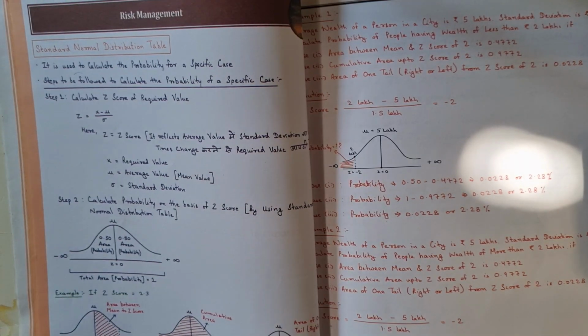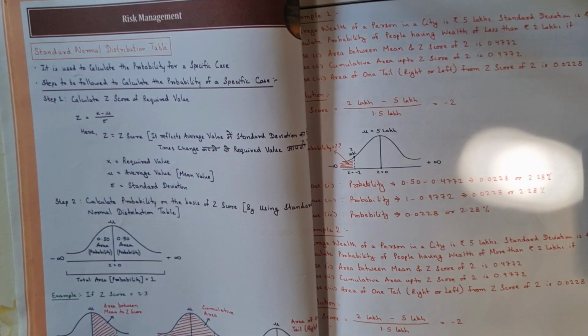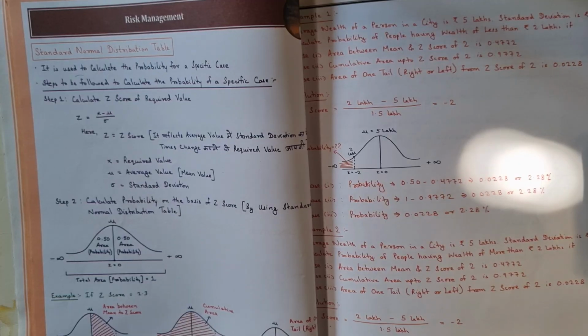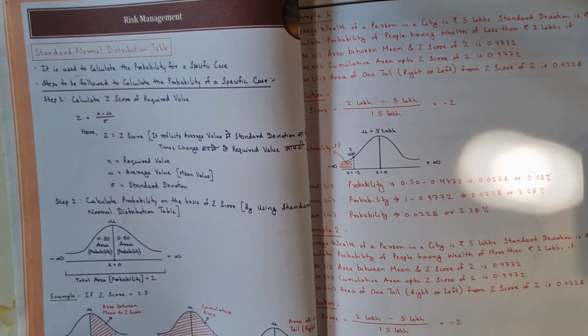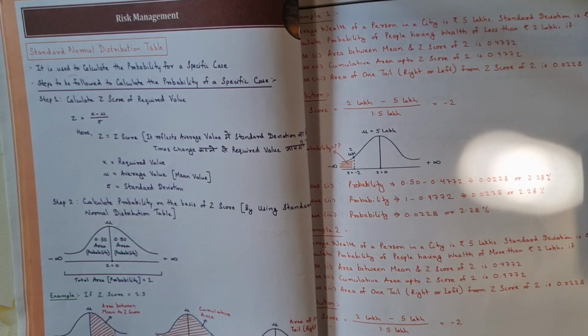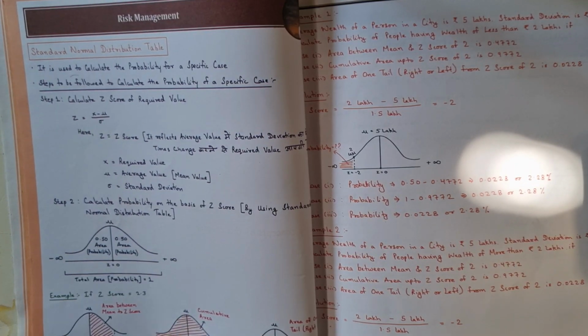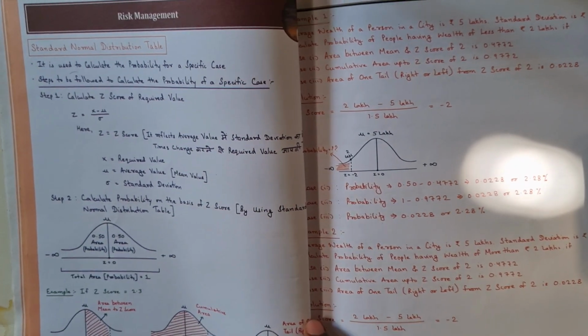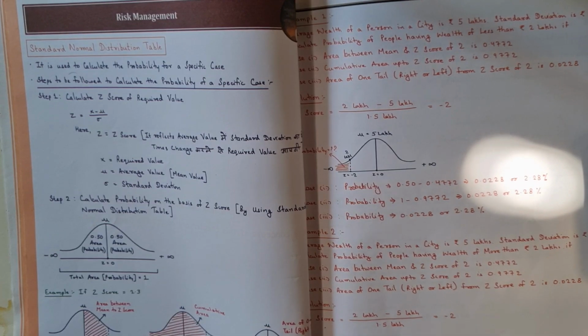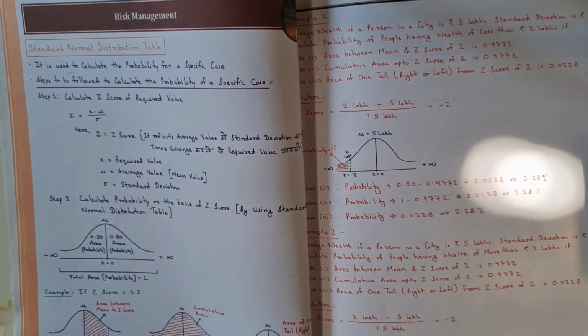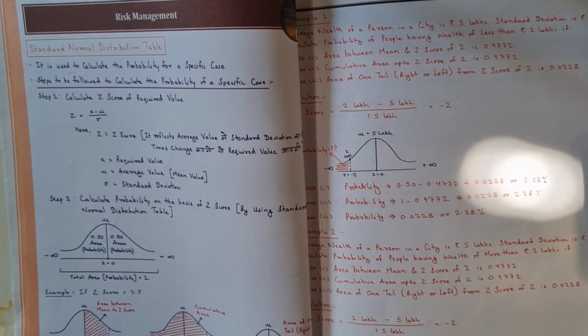Next, if the question is asking for cumulative area, we'll see the total value: after 2.3 we'll exclude, and we'll take the total value till here. And if they are asking for the area of the tail only, we'll take only the part after 2.3.